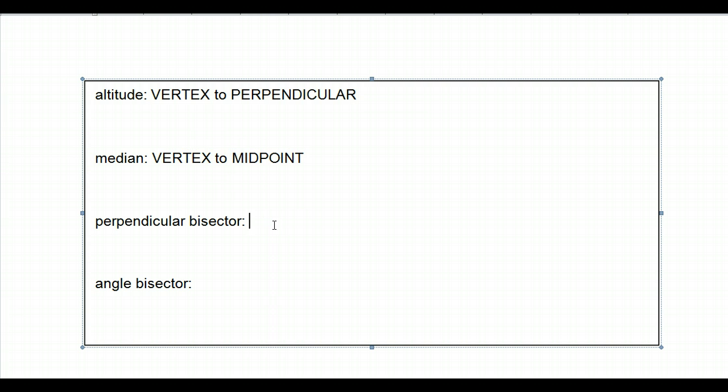A perpendicular bisector, it does not start at a vertex. It's really the only one that does not start at a vertex. Perpendicular bisector has to be perpendicular, and it has to be a bisector. So you just have to know what those two words mean. So it has to form a right angle, which of course is 90 degrees, and it has to, here comes the bisector part, it has to split the side in half.